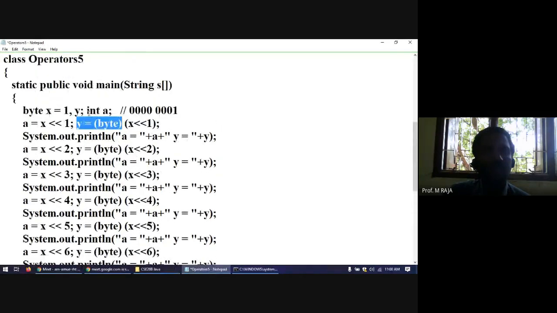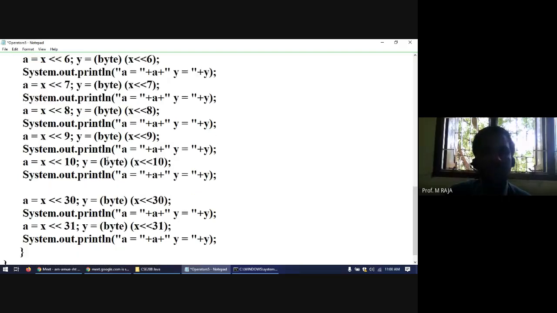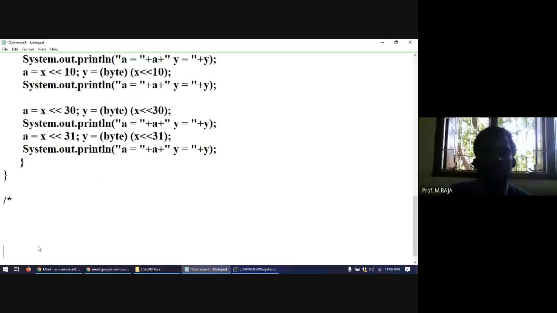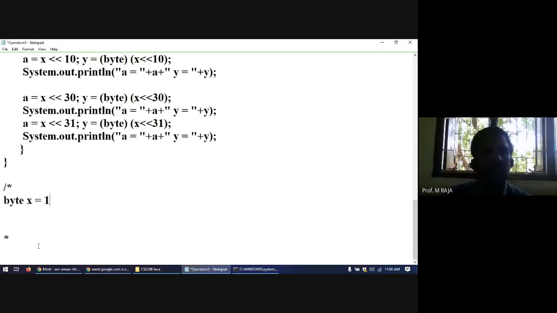For example, here the byte variable x is assumed to have the value 1, byte x is equal to 1. I will explain in detail. Look here. Byte x is equal to 1. How to represent x in an 8-bit register, because x is a byte variable?